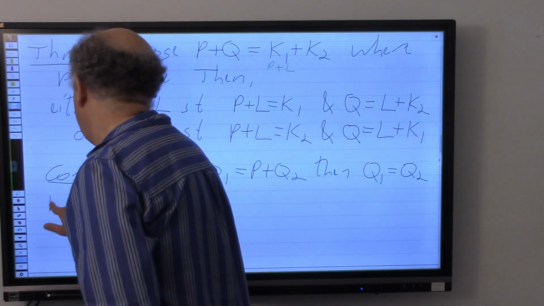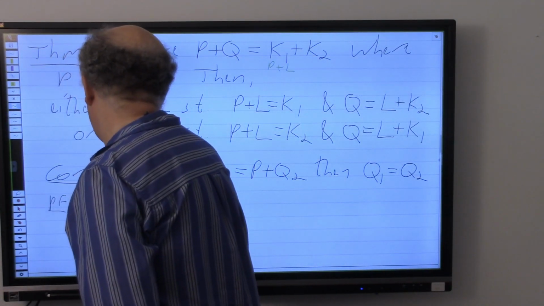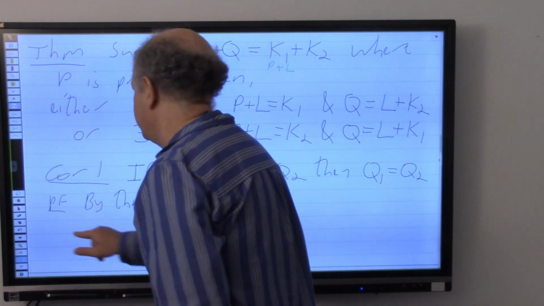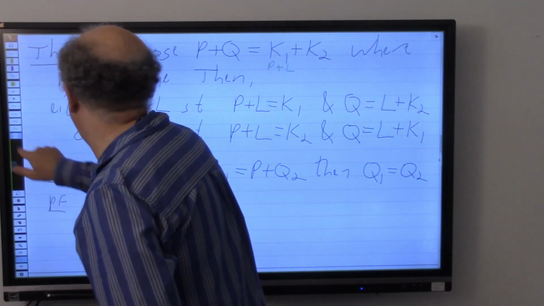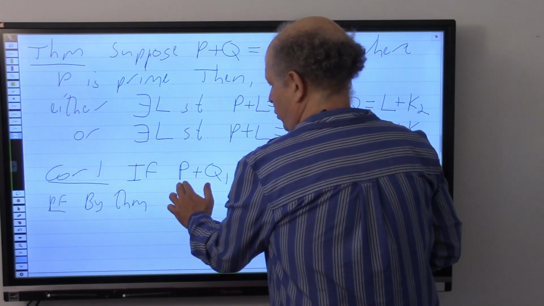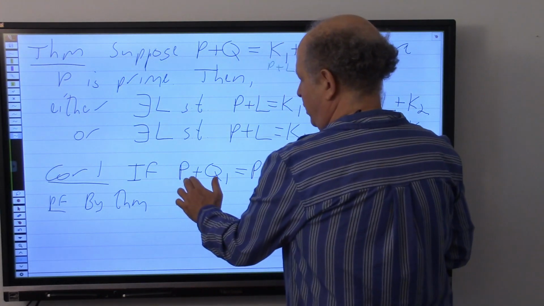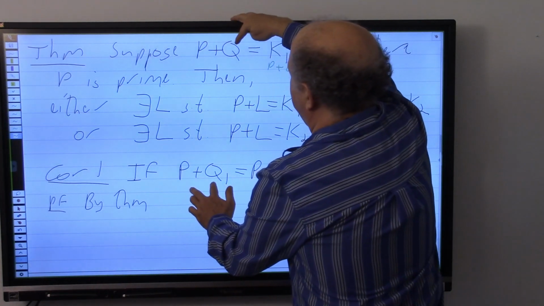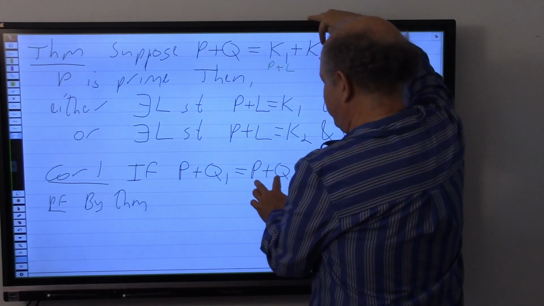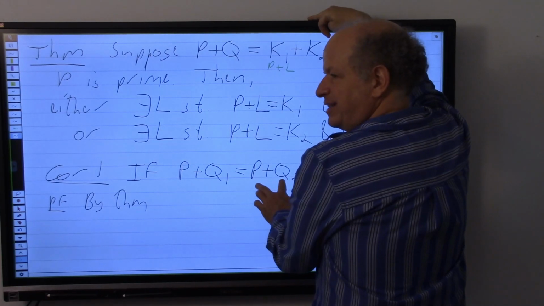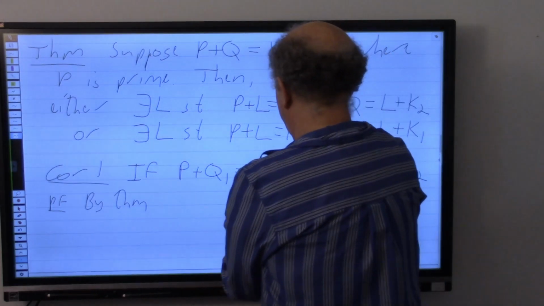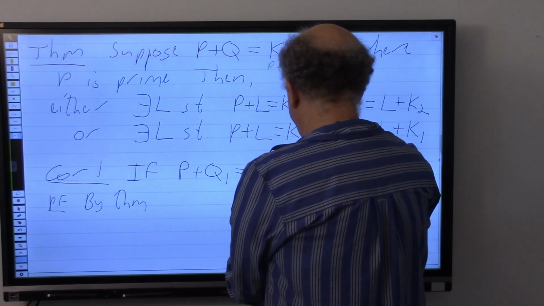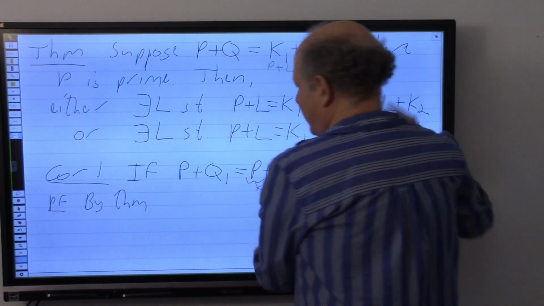So proof. By the theorem, let's use the theorem where the theorem said if P plus Q is equal to K1 plus K2. So let's take the right hand side as K1 and K2. Let's call this one K1 and let's call this one K2 and apply the theorem.